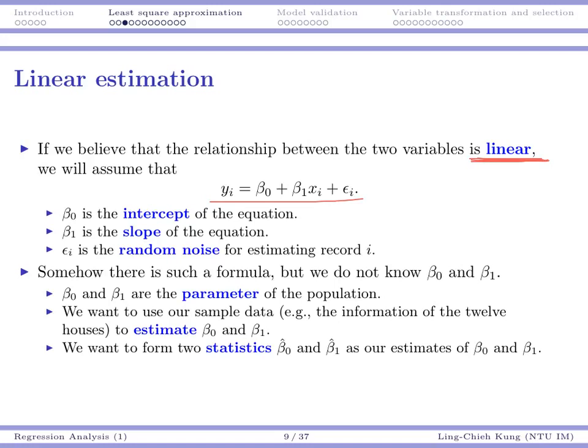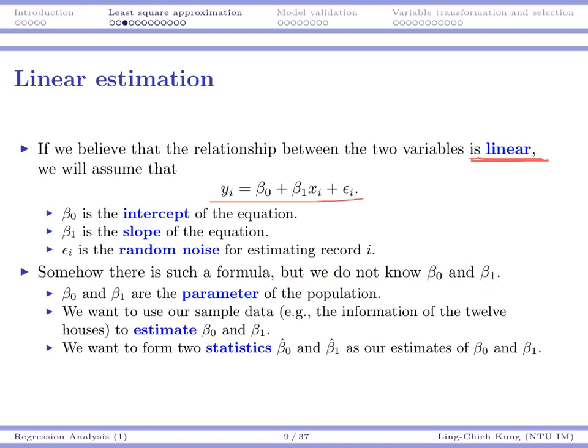I am going to expect that the price yi equals beta 0 plus beta 1 xi. Of course there would be some mismatch, and that mismatch is captured by epsilon i. So we believe that somehow there is such a linear relationship, but we don't know beta 0 and beta 1.